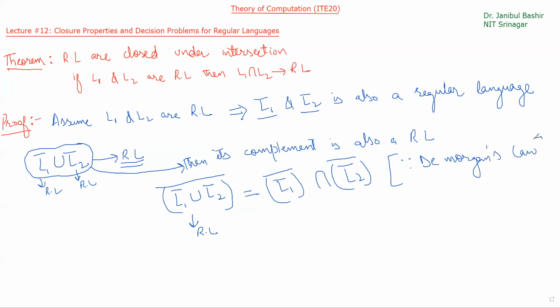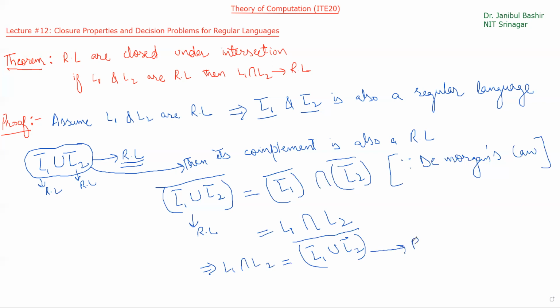or De Morgan's theorem. Okay. So the complement of L1 complement, what does that mean? That means L1. And the complement of L2 complement means L2. So that means L1 intersection L2. So L1 intersection L2 is equal to the complement of L1 complement union L2 complement. And we know that this is a regular language.